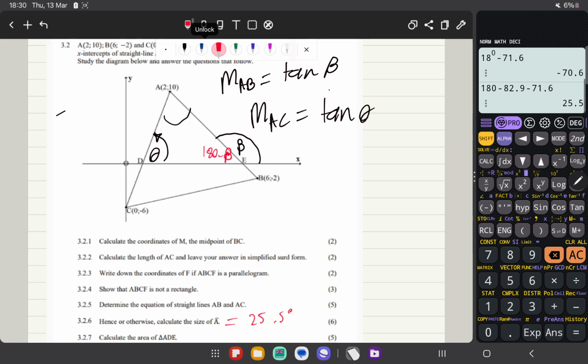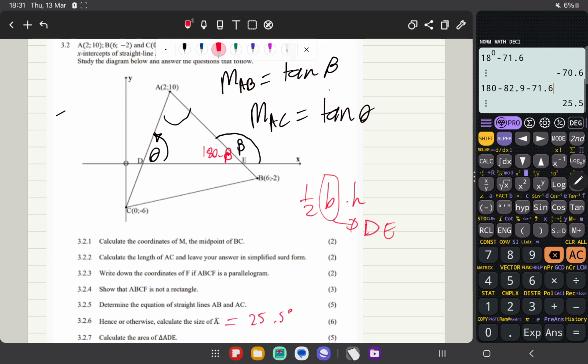Then the next question is to calculate the area of triangle ADE. First thing, I have to have my base. The area of a triangle is base times perpendicular height.